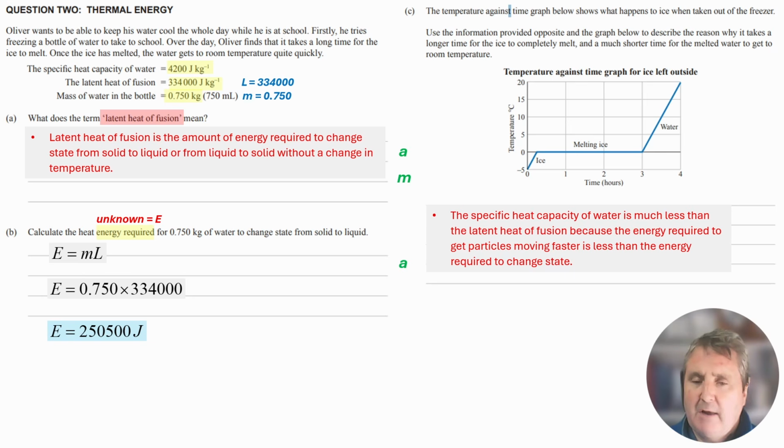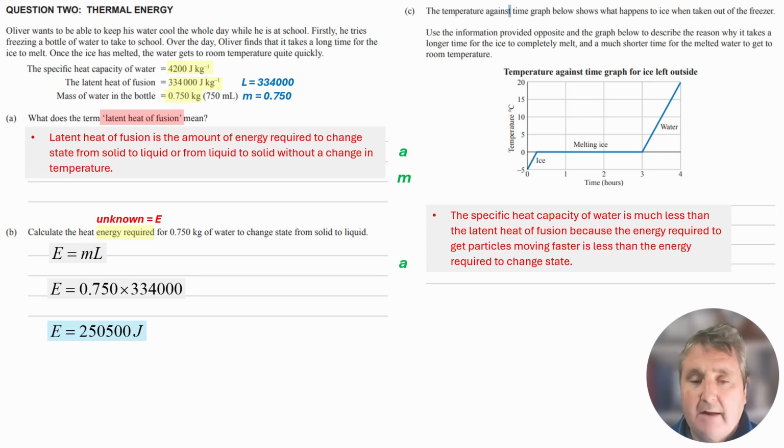Now it's a relative comparison here because it would depend on how much we are increasing the temperature. If we increased it 100, then it would take more energy to increase the temperature than it would to melt. But in this case, we're just saying, well, how much energy would it take to get to 20 degrees, about the temperature outside, right? And it takes a lot less time because the specific heat capacity of water is a lot less than the latent heat.